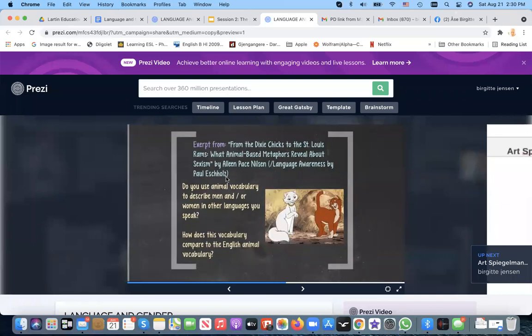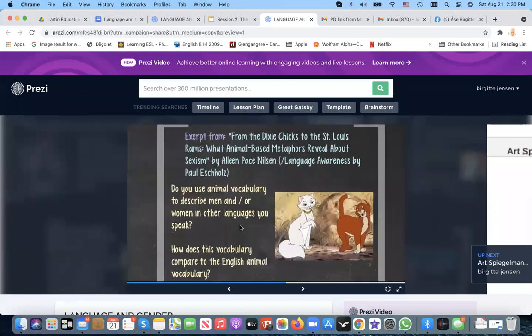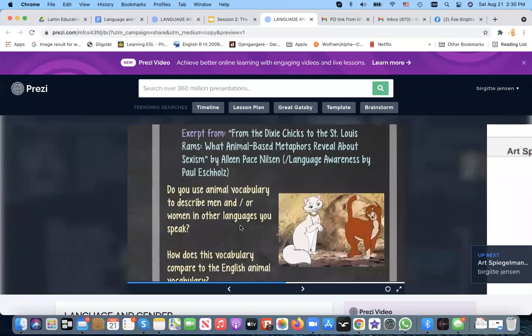So then I would ask, because I have taught this in an international classroom, I start with English and then I ask my students to describe how you use animal vocabulary to describe men or women in other languages you speak.